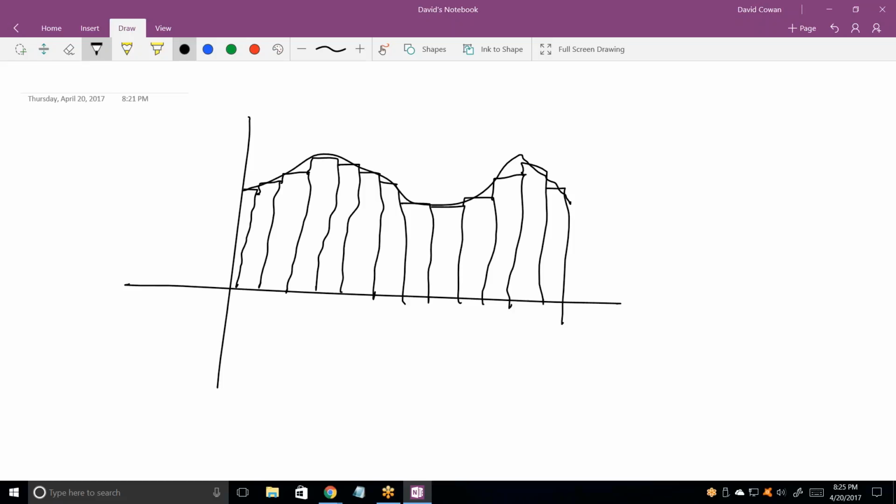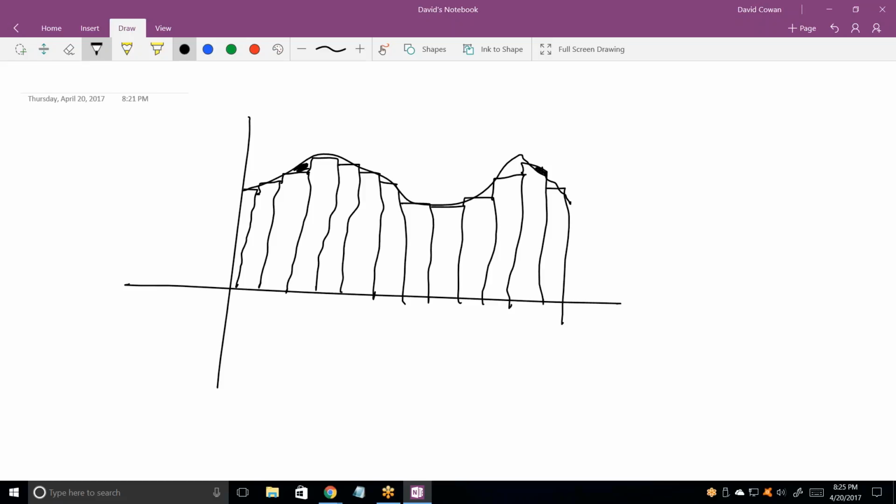The more rectangles I put inside that, the more accurate my answer is. Right now, I've only got like 10 rectangles. I got all this space. That's inaccuracy there. I got a little extra space over here. That's inaccurate. But as it turns out, if I were to put 100 rectangles in there, making the width of each one 1/10 as wide, I would have a more accurate approximation.